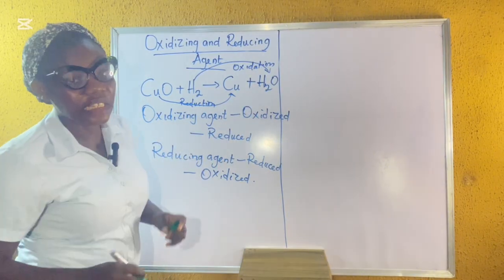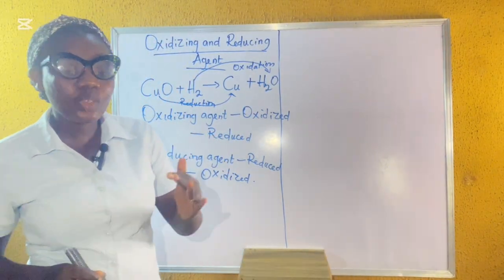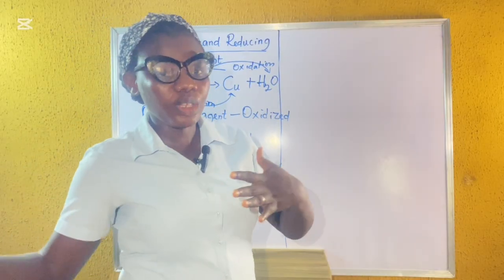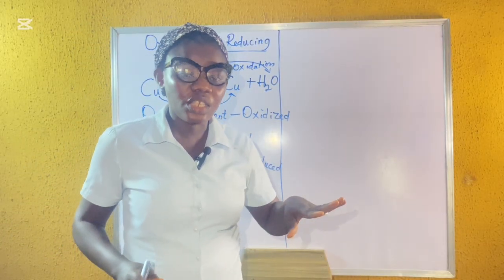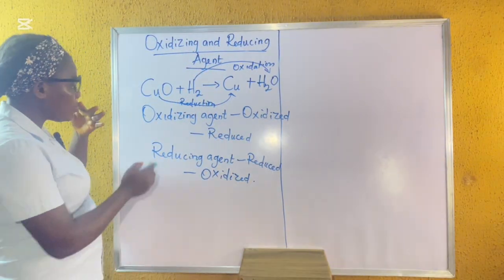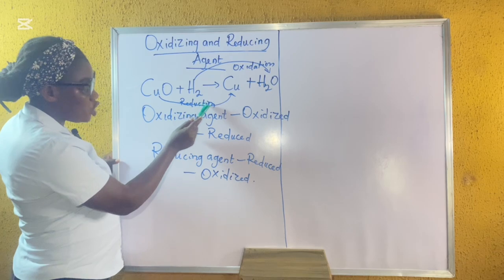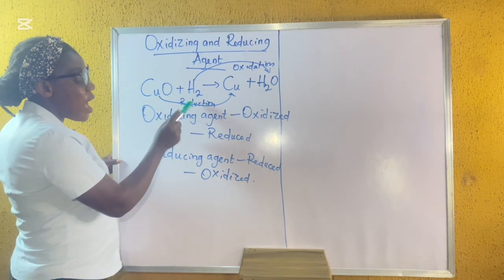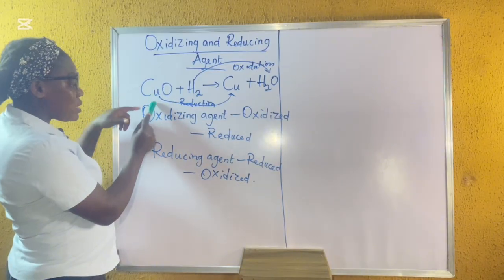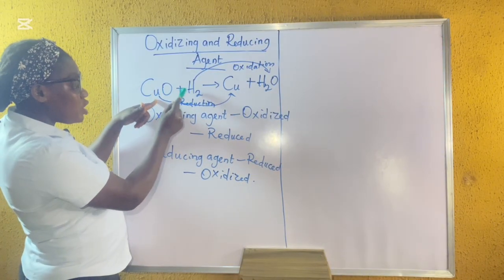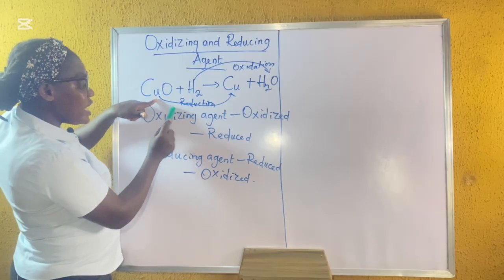So for us to identify our oxidizing agent and our reducing agent, it is going to be in the reactant side. It's not going to be in the product side. So you get your oxidizing agent and your reducing agent from the reactant side. So CuO to Cu is reduction. That means CuO has been reduced.